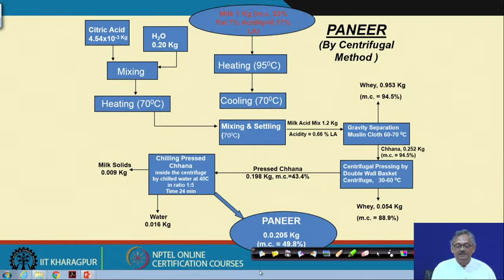This is the starting material. Then heated to 95 degree centigrade. The detail we have shown in the previous one, how our heat exchangers are made. Those we have kept aside now, but similar things have been used.